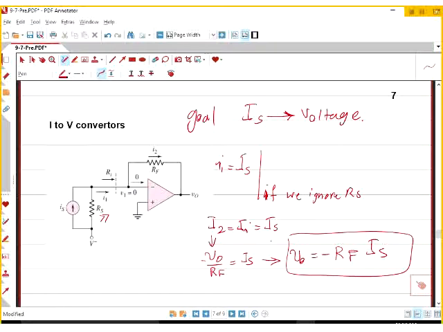If the resistance seen by that direction is comparable with the RS, then it matters. And that direction is only your input resistance of the op-amp.